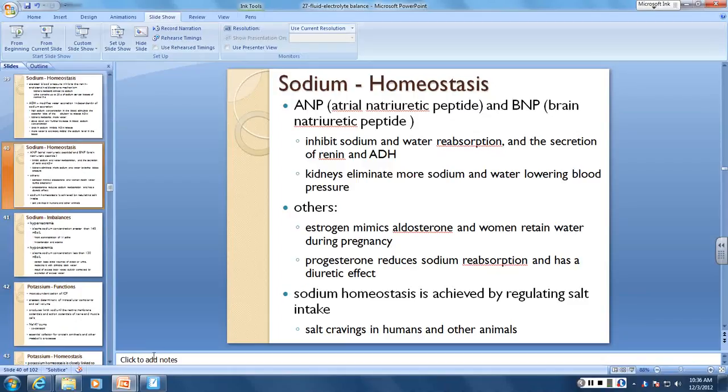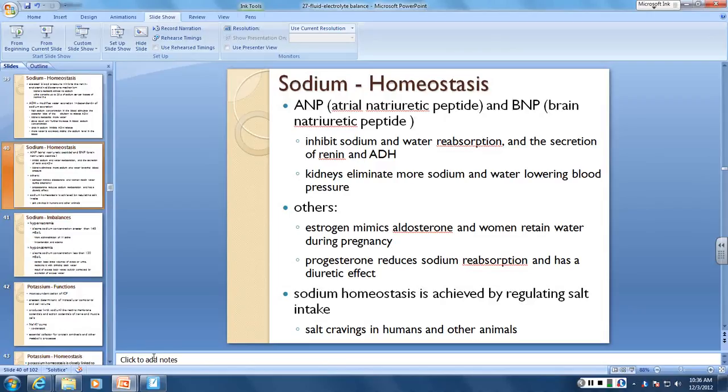Natriuretic peptide. Remember that? ANP. Where does that come from? Good. From the heart. And what does it do? Good. So natriuretic. Think of diuretic. So a diuretic causes you to what? Eliminate water.